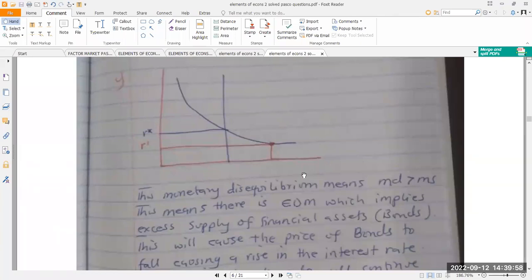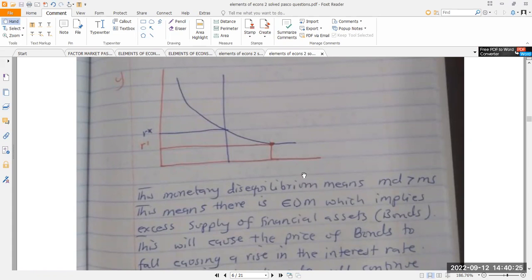Whatever is happening in the money market will happen in the bonds market, but in the opposite direction. Remember, there's an assumption that you either hold your wealth as money or you buy bonds. So if you are holding more money, it means that you are buying fewer bonds. And if you hold less money, it means that you are buying more bonds.